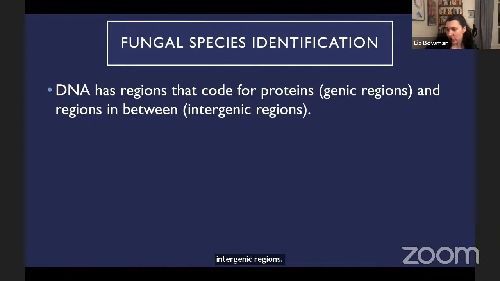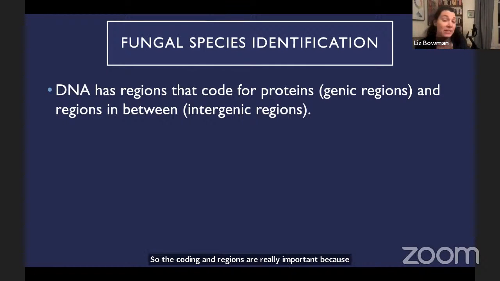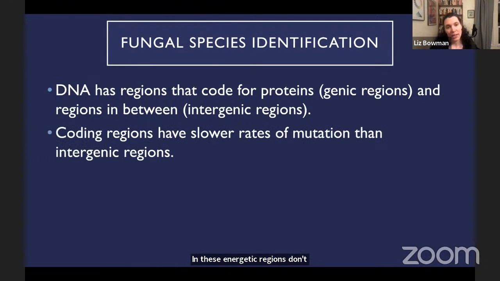The coding regions are really important because they code for proteins, and the intergenic regions don't really code for anything, so they're not as important. So you can think that the coding regions have slower rates of mutation than the intergenic regions. Here, by mutation, I mean, at the smallest level, a change in one base.